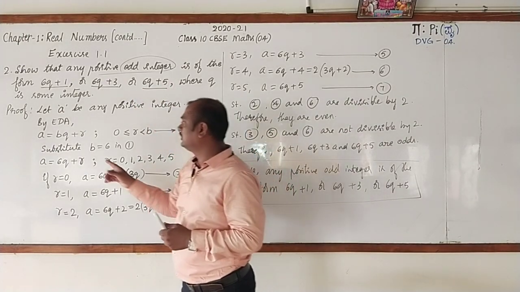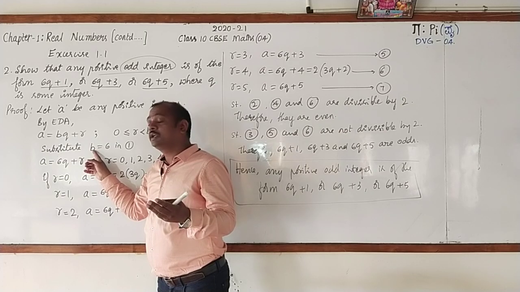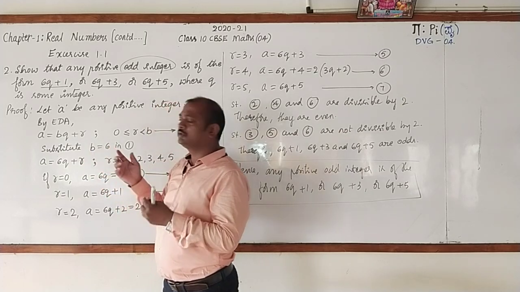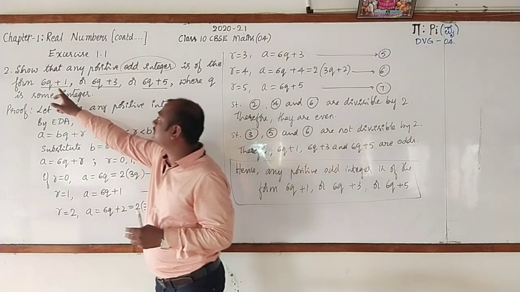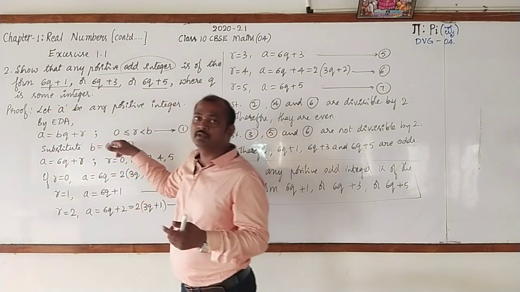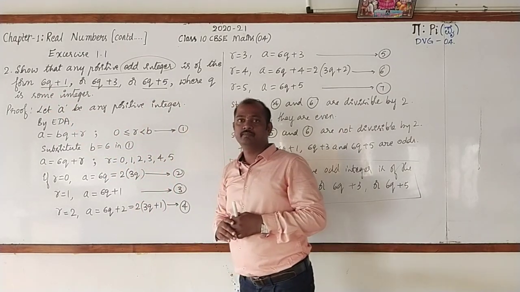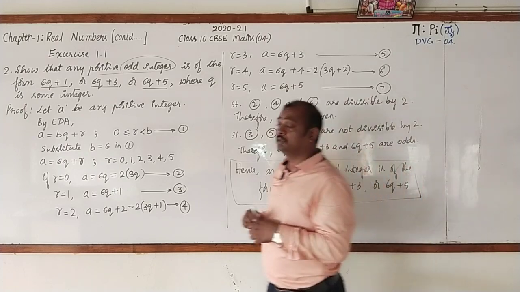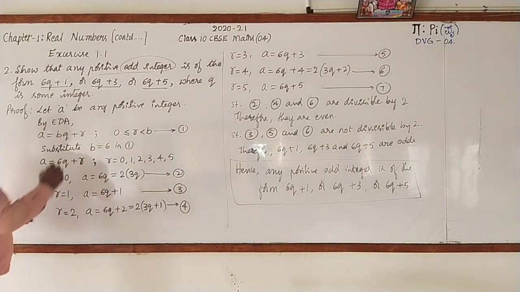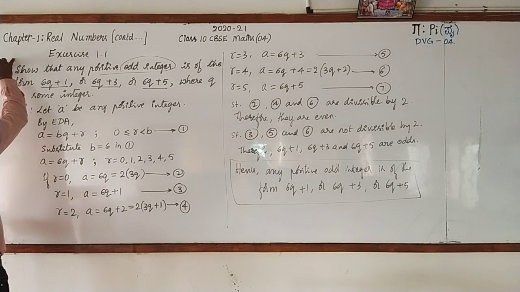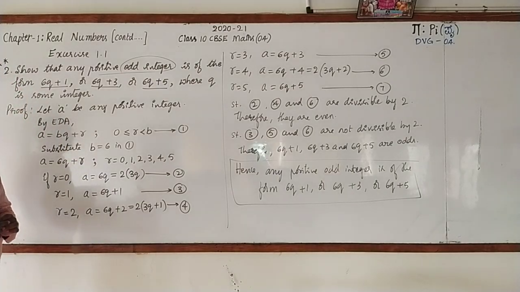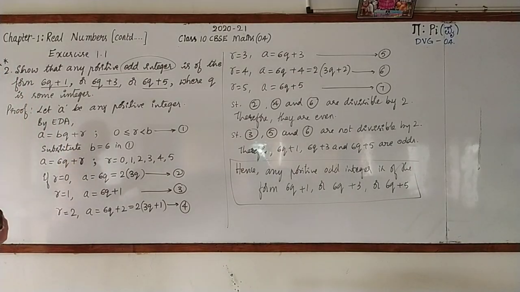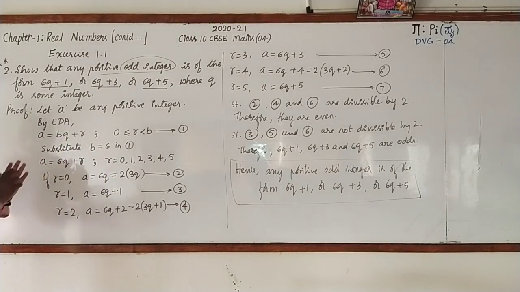Under such condition, you can go for taking the substitution as b equal to 6 as it is. Here in place of q they have given m. You can write q equal to m. Clear? It is one of the important types of problem which was asked in the examination many times. You have to practice it. Now, please pause the video and complete it.